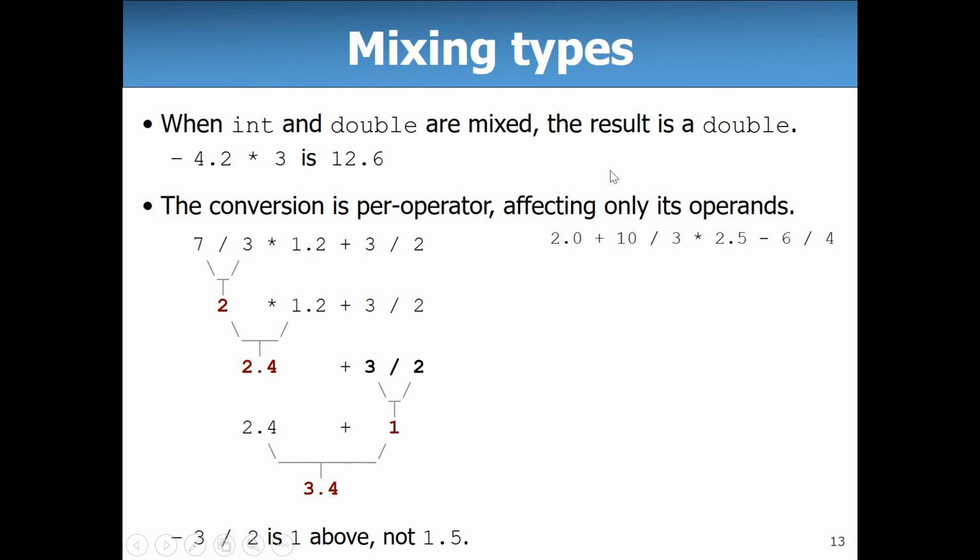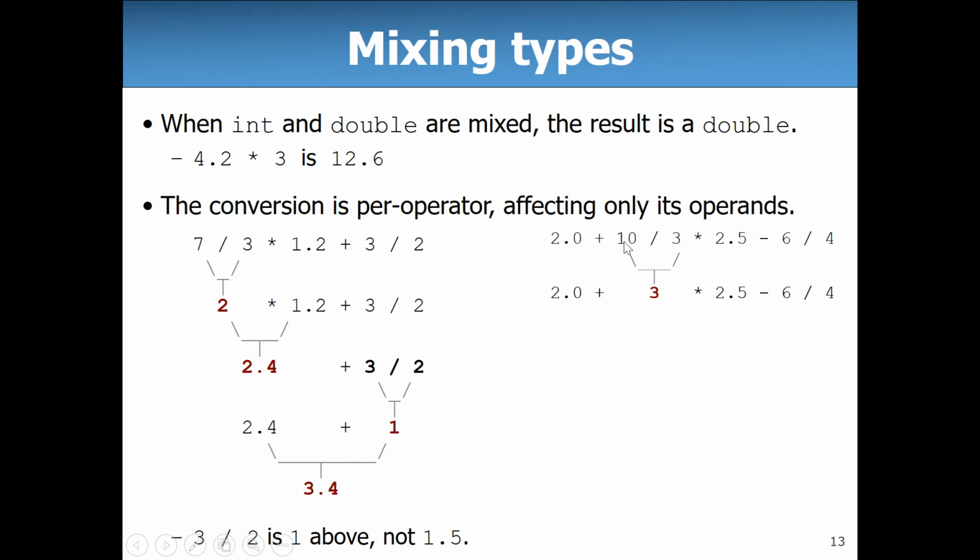Right? So the conversion only happens for each pair, right? It doesn't happen for the whole thing until it actually collides with a different type. So again, over here, 2.0 plus 10 divided by 3 times 2.5. So we go left to right and evaluate the higher order precedence.